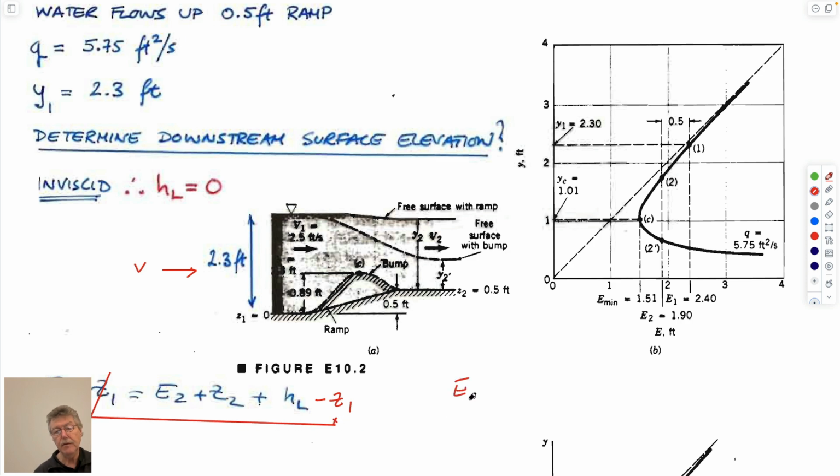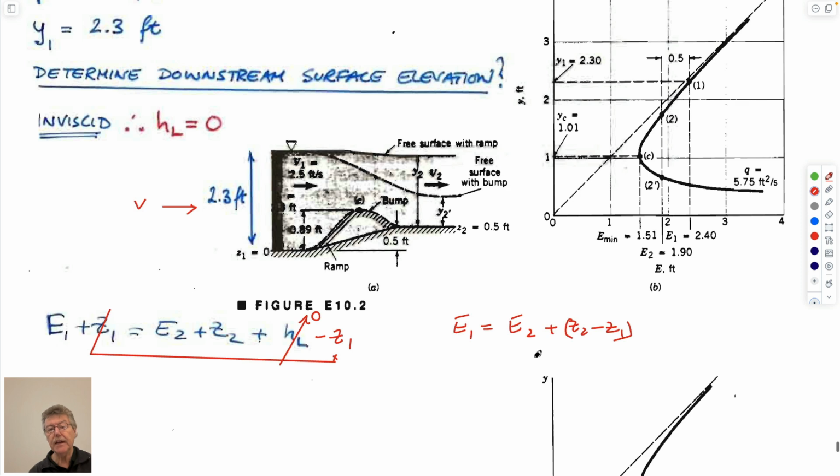So we have E1 is equal to E2 plus Z2 minus Z1 if we ignore the head losses in the system. And so if we want to figure out exactly what's happening downstream, we could write this in terms of E2, the energy downstream, just by rearranging it. So it'd be equal to the energy E1, and this would be Z2 minus Z1.